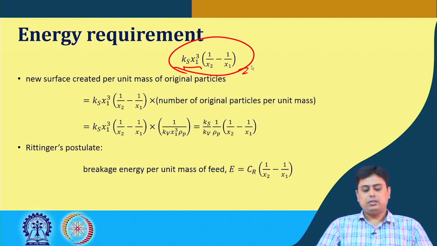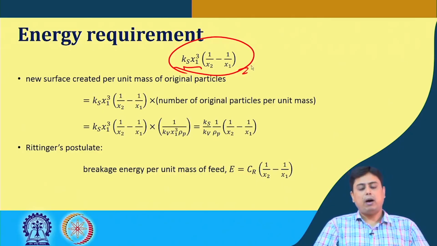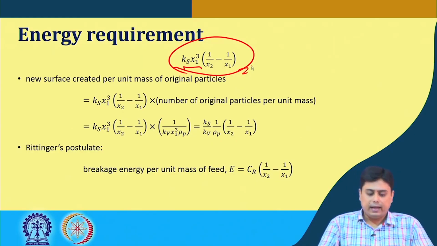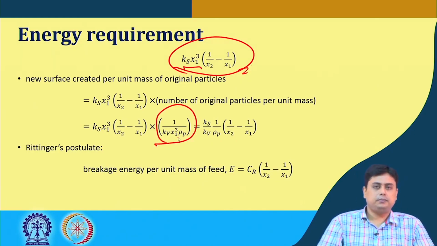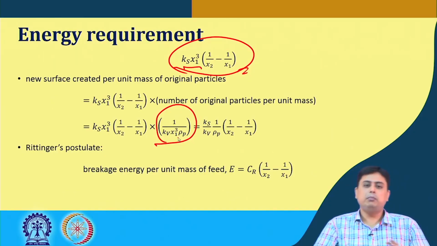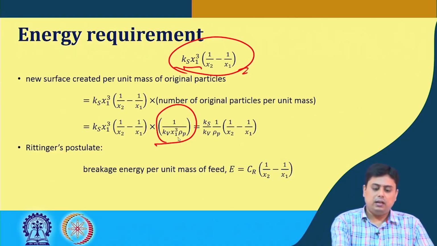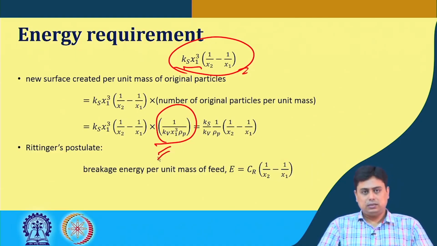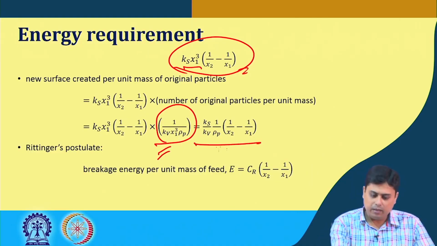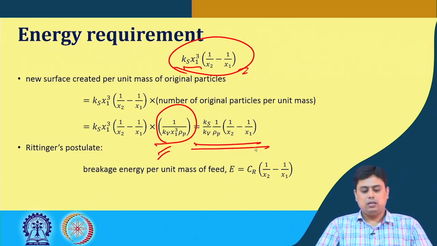If we convert this to the new surface created per unit mass of original particles, that means this is the surface area multiplied by the number of original particles per unit mass, and that is this expression. If we now remember the initial classes, this is the number of original particles per unit mass, which can be written in this form.